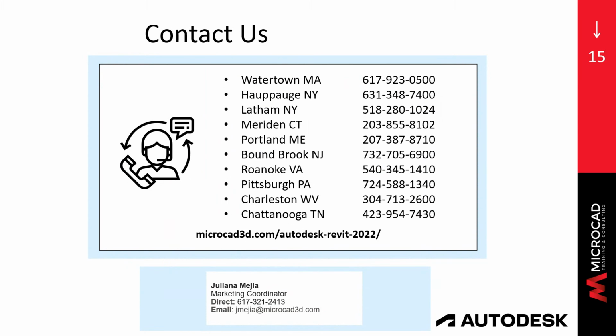You have a bundle of products that are very cost worthy from my point of view. I do believe that every office nowadays would need at least a license of Revit and a license of AutoCAD. Buying those two licenses separately is going to be so much more expensive than getting the AEC collection, and you get everything that you need for the architecture, engineering, or construction industry with that collection. That is the AEC collection.